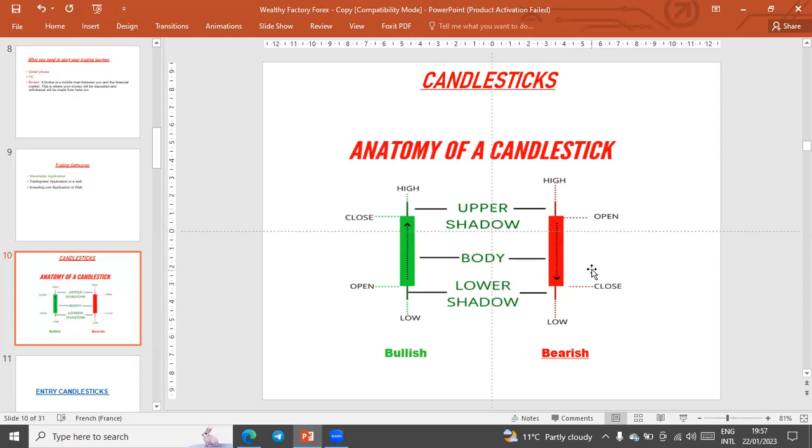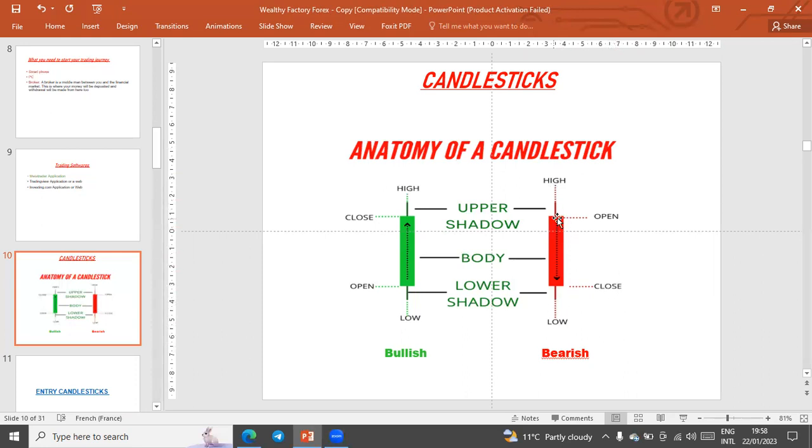In simpler terms, a bearish candlestick is a candlestick that has got a close below the open. So the open is above here, then we have the close below here.